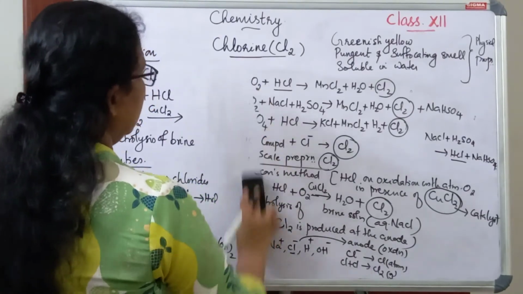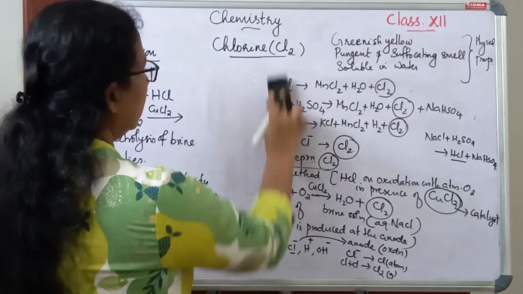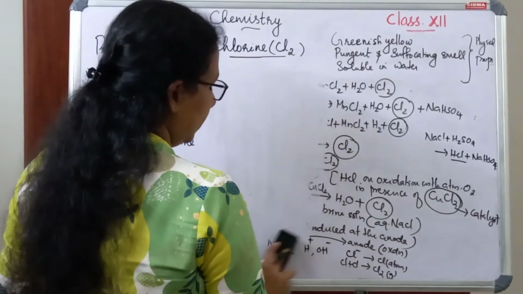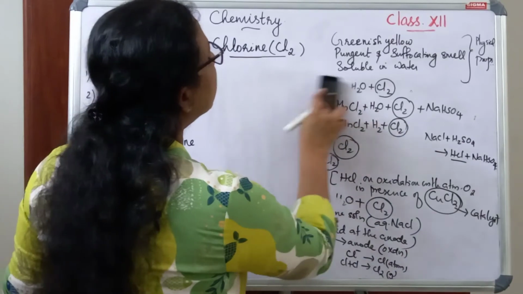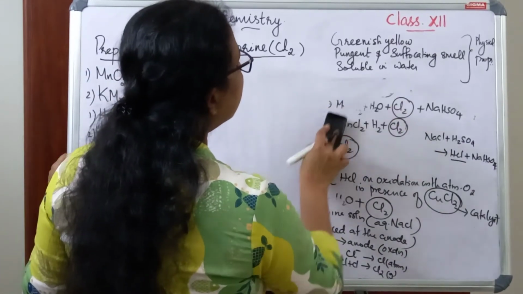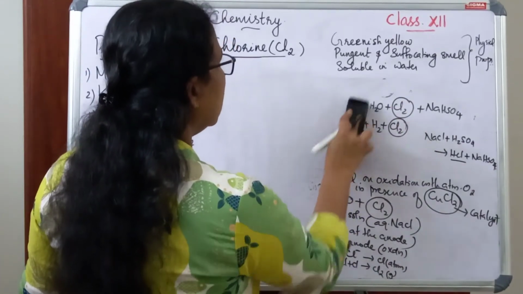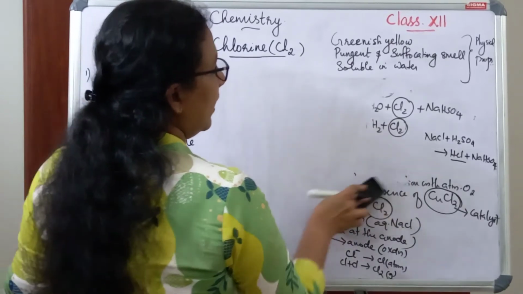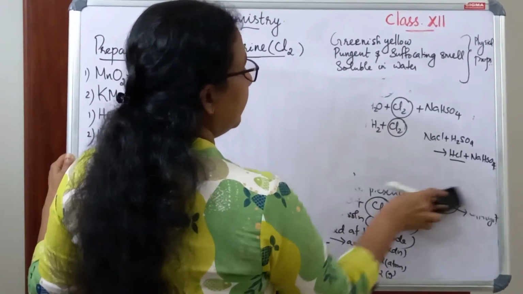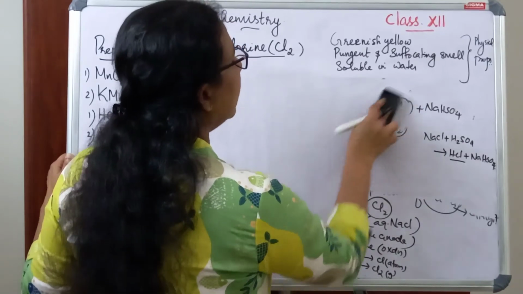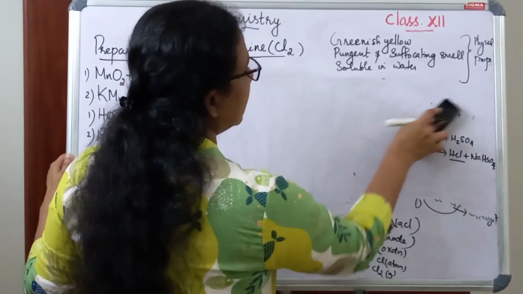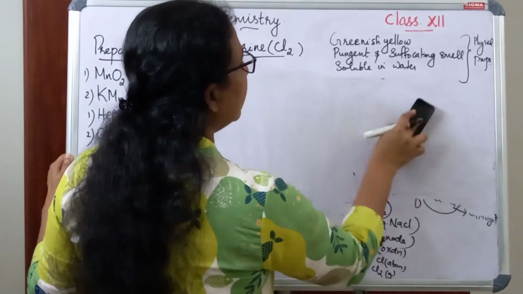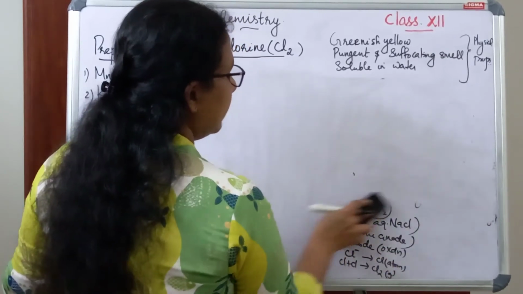Now let us see the properties. First of all, let's see the physical properties. In the case of physical properties, I have written here, it is a greenish yellow gas. The color of chlorine is greenish yellow. And about its smell, it is a pungent and suffocating smell.